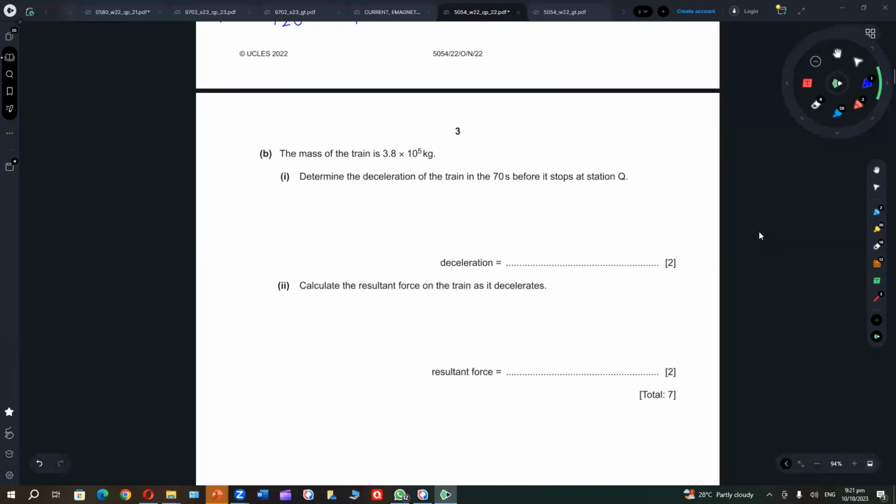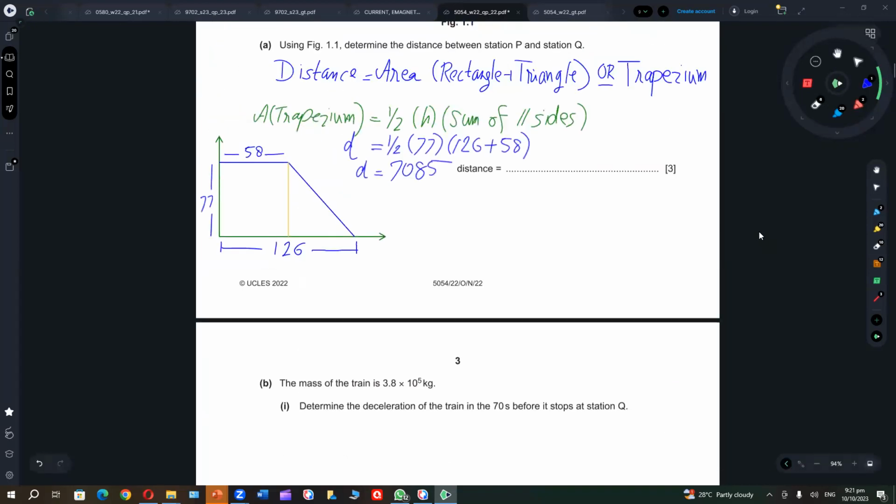The mass of the train is this much kg. Determine the deceleration of the train in the 70 seconds before it stops.